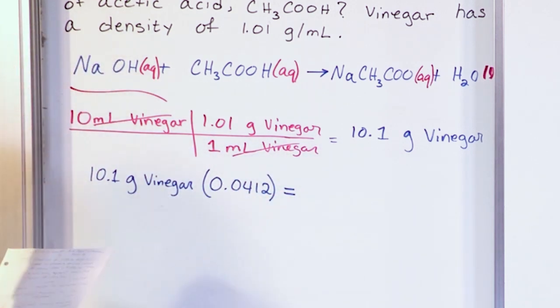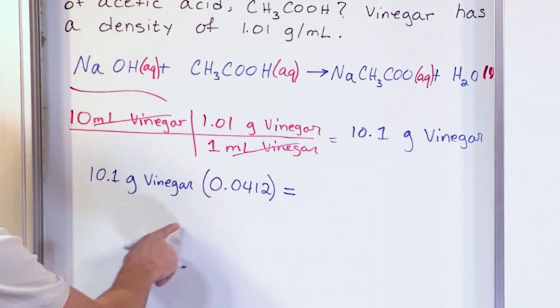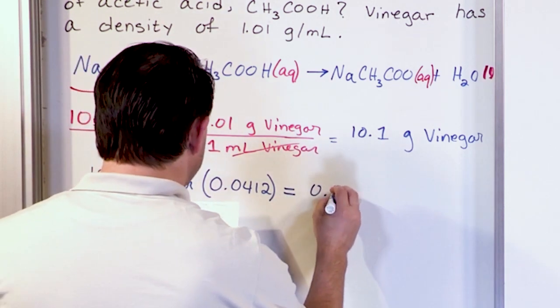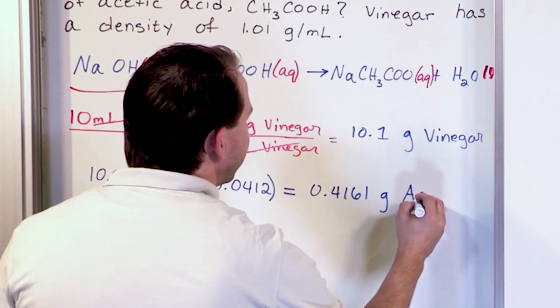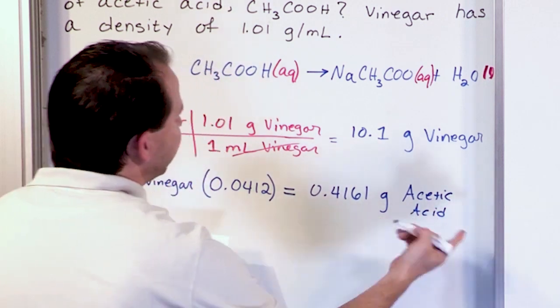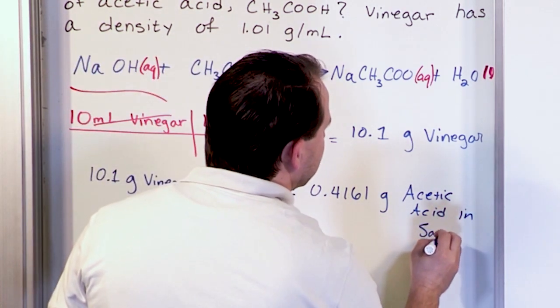So you convert this to a decimal. Then when you multiply 10.1 times this number, you're going to get 0.4161 grams. And what are you getting? It's grams of acetic acid. That's how much acetic acid you have in your sample.